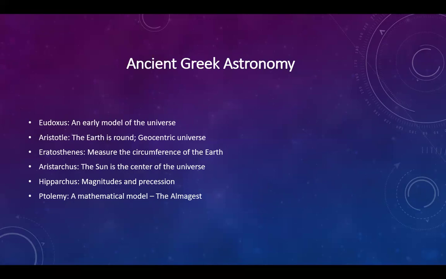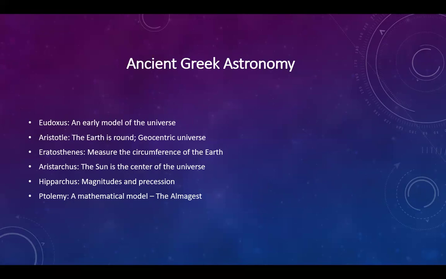Aristarchus was one of the first people to propose the sun was at the center of the universe. He didn't have any real evidence to back it up, and he also proposed a lot of other much weirder things that didn't make any sense, so he didn't get much attention.